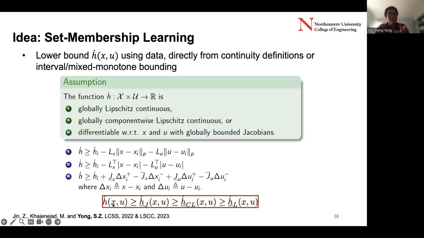We want to bound the true function from below because that will allow us to make the system robustly safe. The tightest bound, compared to all the other assumptions, comes when we have globally bounded Jacobians, which is a stronger assumption than Lipschitz continuity. Then we actually have a bound that's closer.